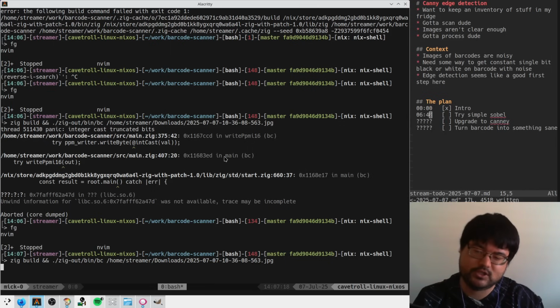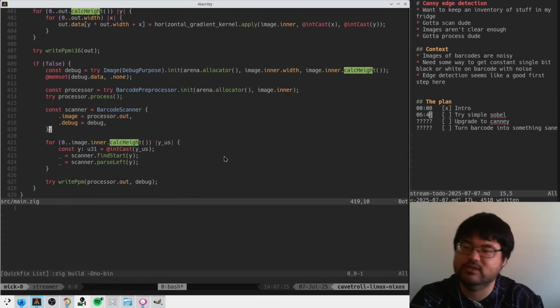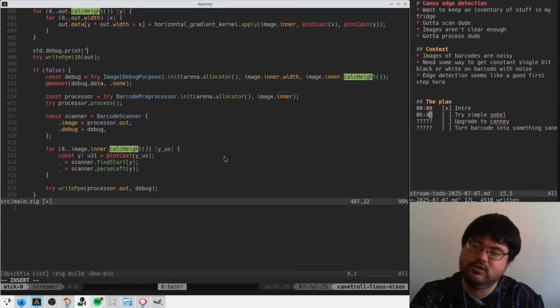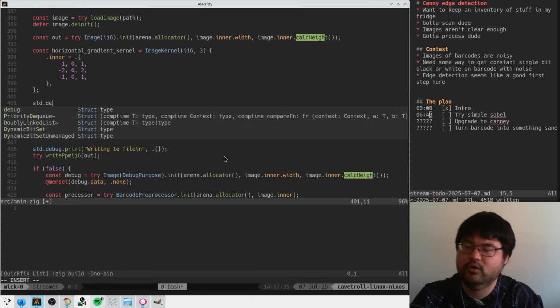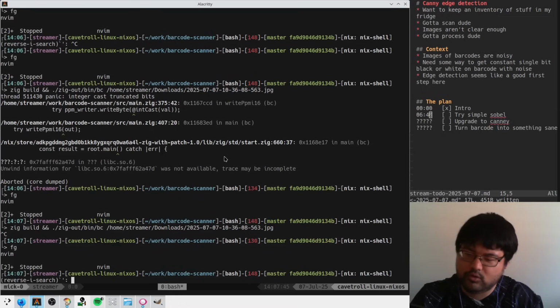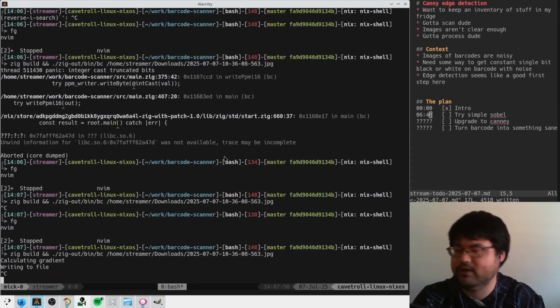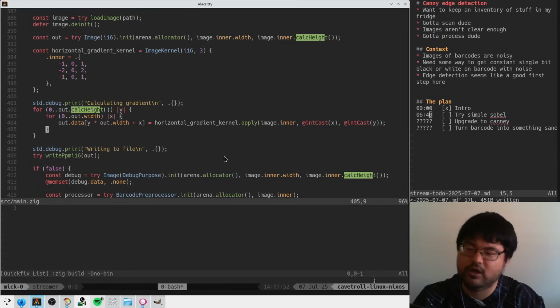Wow. This is slow as fuck. I actually don't know. It would be interesting to see what is taking so long. So can we do std debug print, writing to file, and calculating gradient. Whose fault is this? 2 Mississippi 3. Yeah, okay. So writing to file is taking a long time, and it's probably because we're not using a buffered writer.